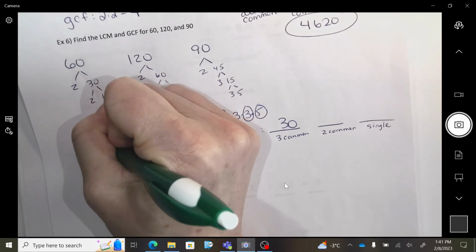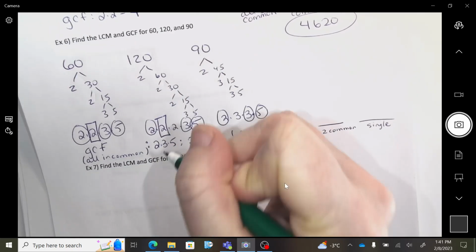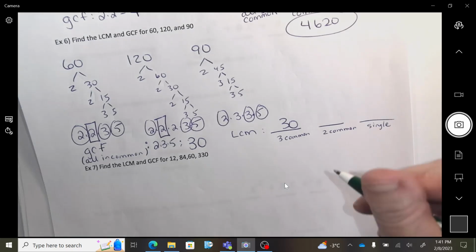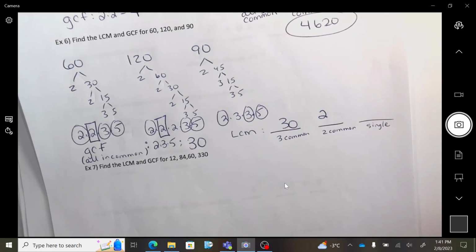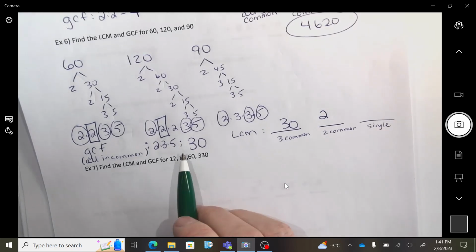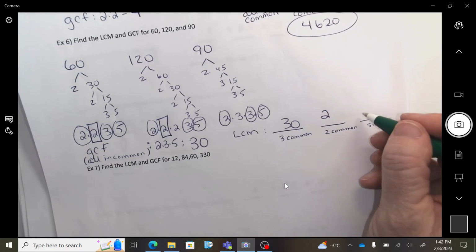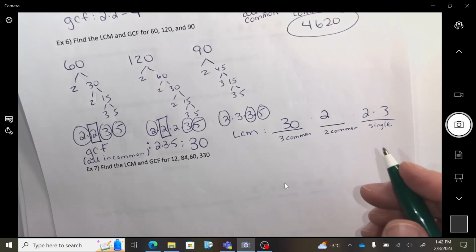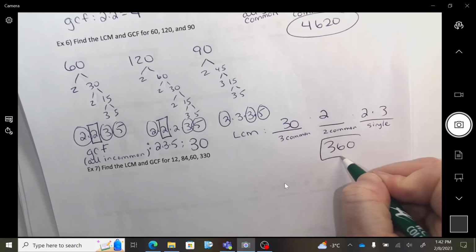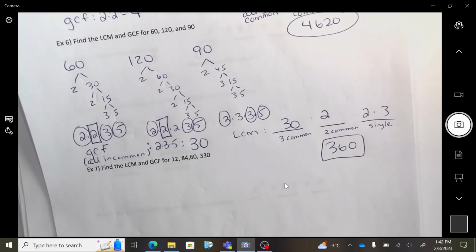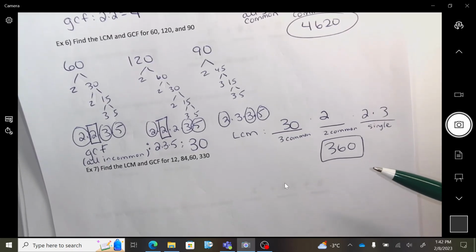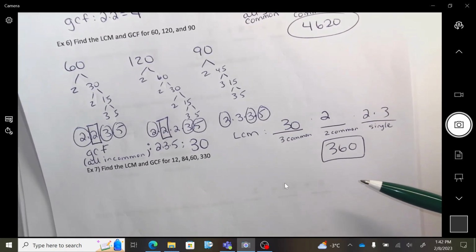I can take a 2 out of that one and that one. So I'm going to put a box. And that's it, right? And then leftovers, I still see a 2 and a 3. You can always look when you're done, right? Because 360, you should be able to divide it by 60, divide it by 120, and by 90.